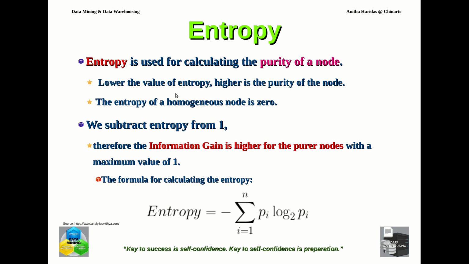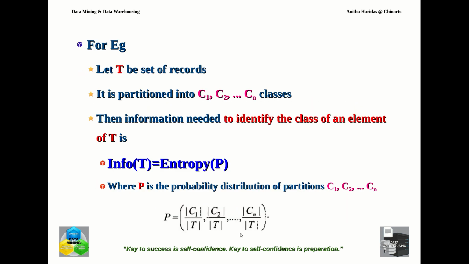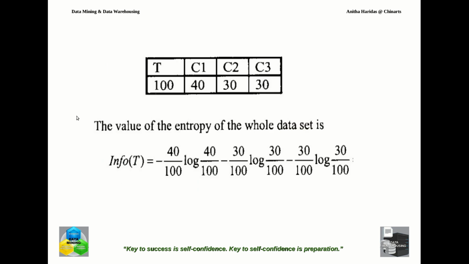So we have seen what is entropy and how the entropy value will be calculated. In that context, we have seen info of T is nothing but entropy of P, where P is the probability distribution of the partitions into different classes. Then we have seen an example of how to calculate the info of T value, which is nothing but the entropy value.